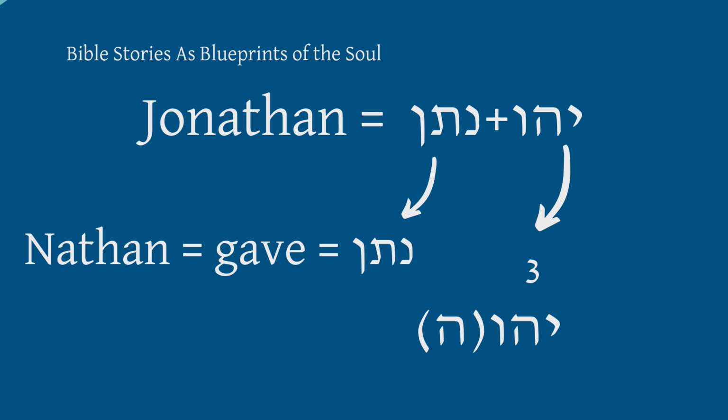Nun is 50, Tav is 400, and another Nun is 50, which together they make 500. 500 is a number that symbolizes the temple, the Holy of Holies. And again, if we combine the 2 components of the name Yehonatan, it is the tetragrammaton. God already gave us the temple in the heart. It was given to us already. We just need to discover it.